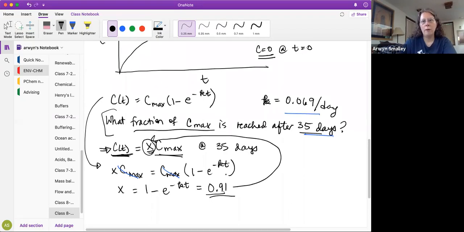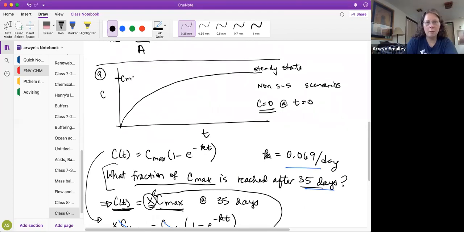So if we go back over to our graph, this is our maximum concentration, right? So 91% of our maximum concentration is, I don't know, maybe like there or something, 0.91 of Cmax. So this is at 35 days. So that means that right here, this must be 35 days. So we can just fill in the rest of our graph accordingly, our sketch.